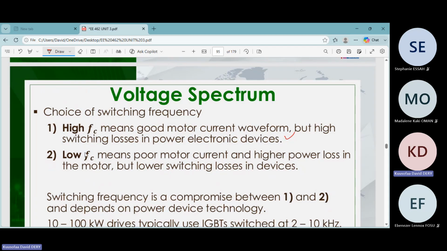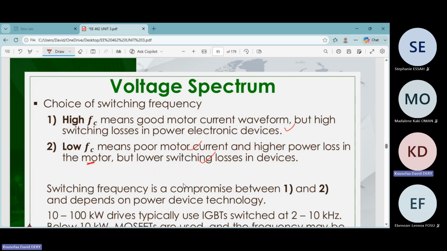When you switch at low frequencies, the motor current is going to be poor, and there will be high power losses in the motor because the current will have harmonics, but the switching loss will be very small. So if you switch at high frequency, you incur high switching losses. If you switch at low frequencies, the motor current is very poor, and there will be higher power losses in the motor. You have to try and balance the two.